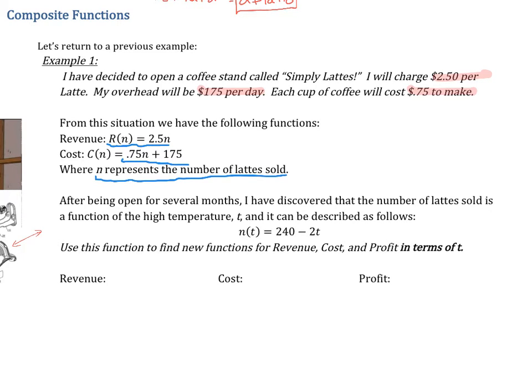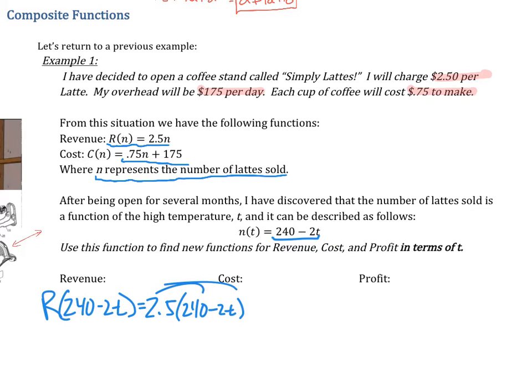Okay, so let's make some new functions for revenue and for cost in terms of T. My revenue was 2.5 times N. Well, if N is 240 minus 2T, I'm going to put that in place of N, and I get this new function: 2.5 times 240 minus 2T.